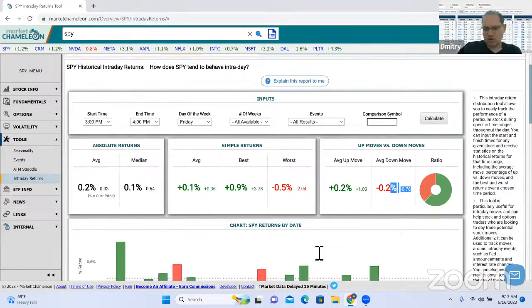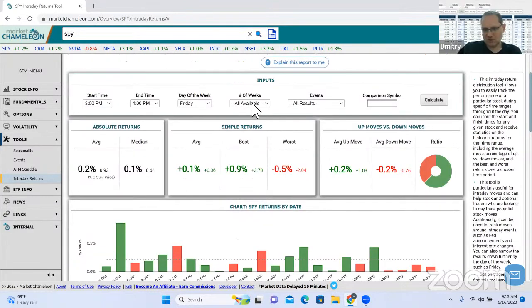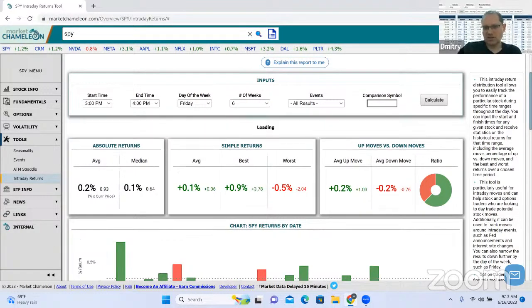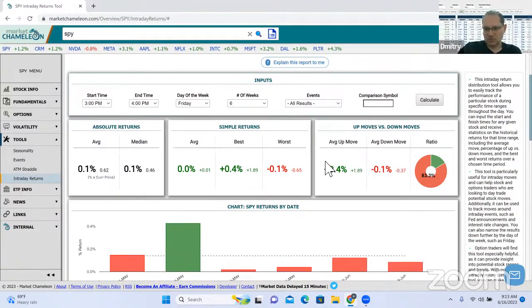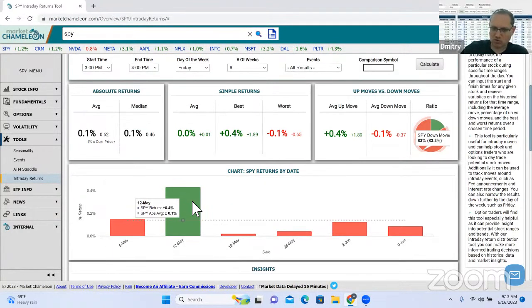What if I just wanted to narrow it down to more recent data, right? So I'm going to say, give me just the last 6 weeks. Recalculate it. So now I have only 6 weeks of data. You could see here, Fridays, typically the last hour, more often than not, it did sell off, but you could see here that big move, right?